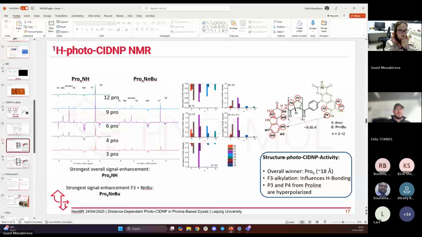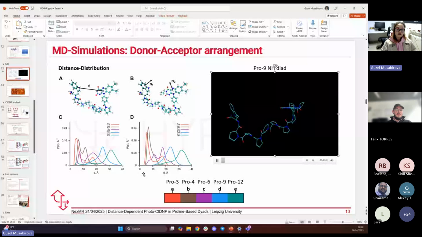Oh, yeah, for sure. Exchange interaction depends not only on the distance, but also on the orientations. But unfortunately, with this type of dyad design, we can't fix certain orientations. As you have seen from this video and the MD simulations, they are quite flexible. We also measured the angle distribution between tryptophan and flavin, and it is quite broad.